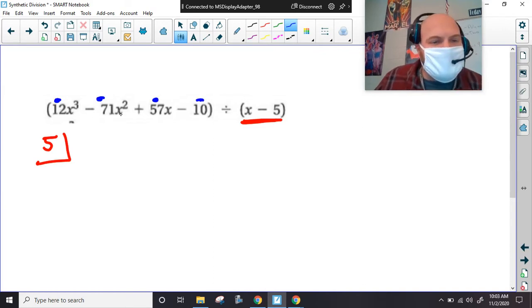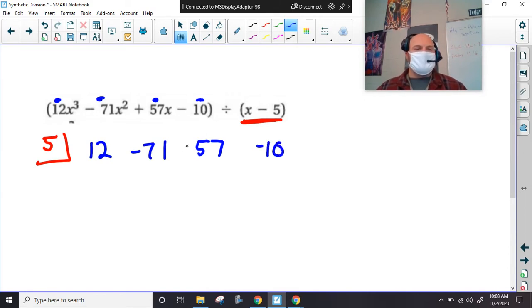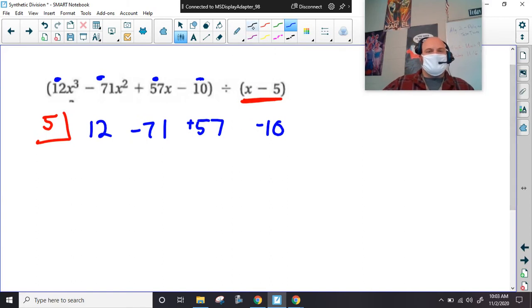I have an x to the third, x squared, x, and then a constant, so I don't have to add a 0 this time. So 12, minus 71, 57, and negative 10. And you could put positives on here if you need to. Like you could have done them plus 57 if that helps you. I don't really care. Okay, it's just however it works for you.